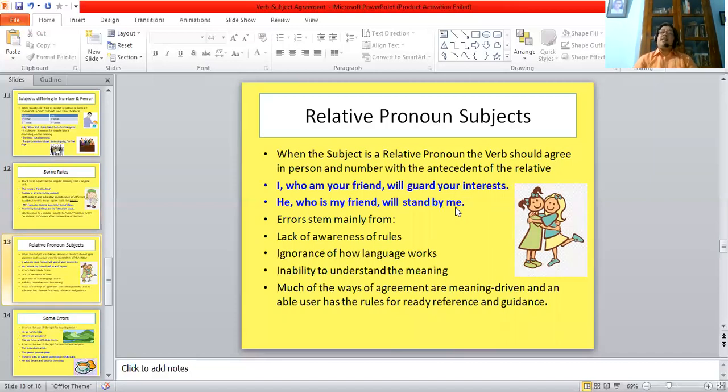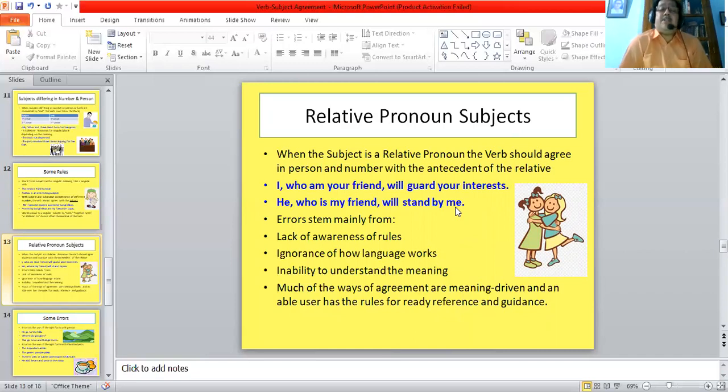Because in all the different examples that we have been considering, I think it is evident to you that the correspondence between the verb and the subject is being guided mostly by the meaning, not just by the form, but also by the meaning. So you have to understand that language works in this manner. So if you don't understand that, then naturally there will be a lot of mistakes. And sometimes inability to understand the meaning proves very costly.